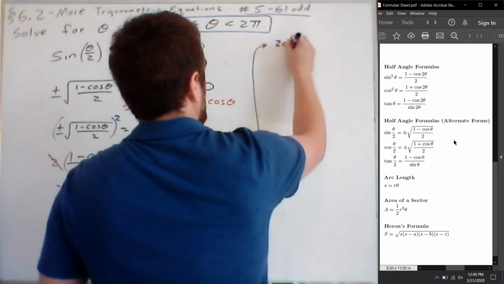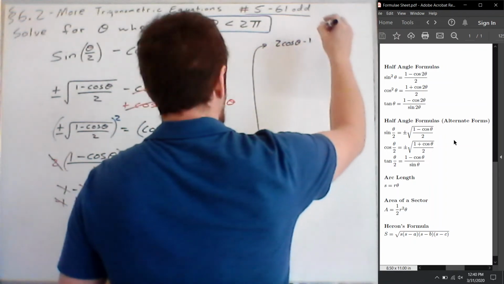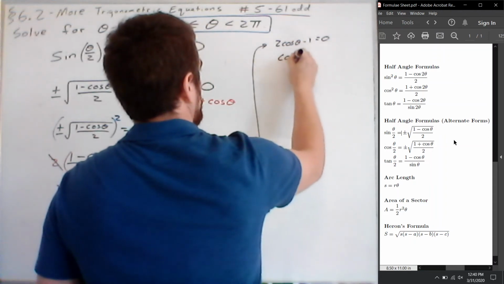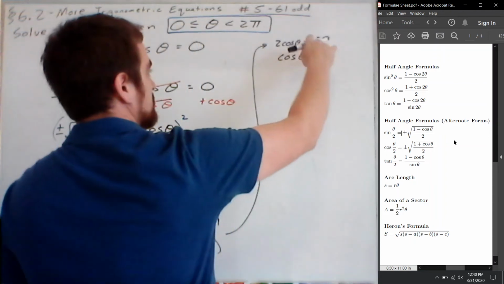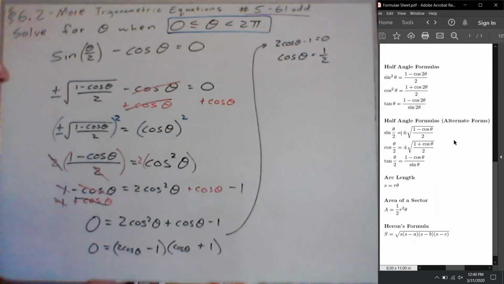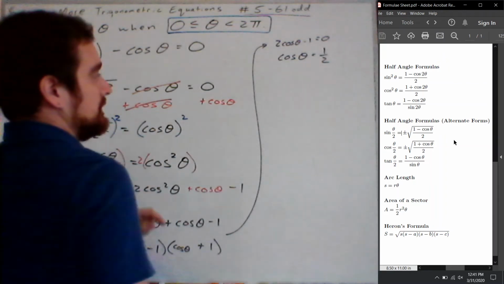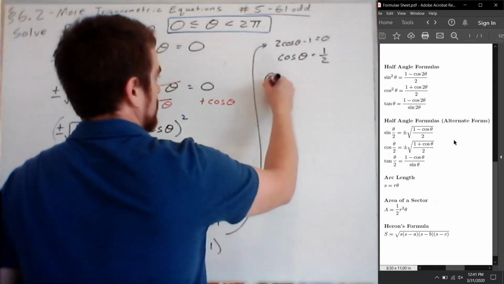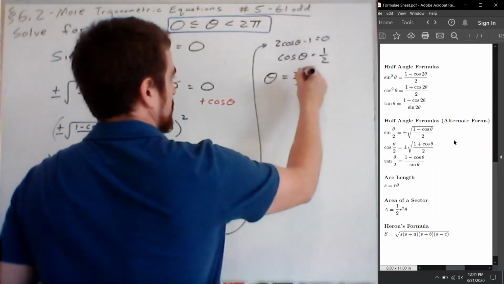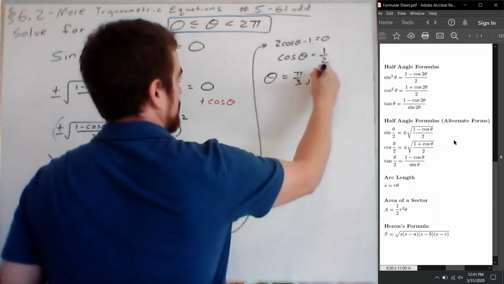So either 2 cosine of theta minus 1 is 0, which tells me cosine of theta is, add the 1, divide by 2, 1/2. Again, that happens in quadrants 1 and 4. So I'm looking at theta is going to be equal to pi over 3, or 5 pi over 3.